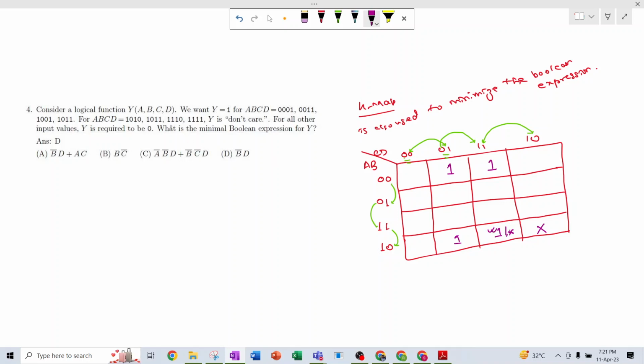Then 1110, this is 1110, and then 1111, so this is the 11, and for all other input values y is equal to 0. So this is 0 0 0 0 0 0 0 0 0.